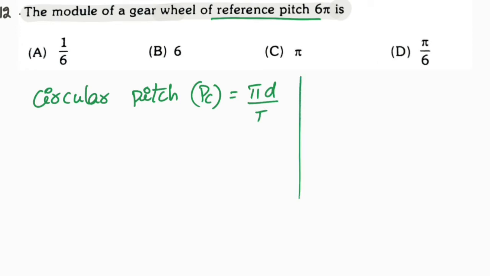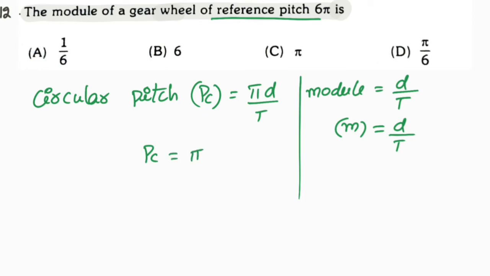But remember, my dear friends, module is the ratio between pitch circle diameter and number of teeth. Module is denoted by m equal to pitch circle diameter by teeth. So circular pitch PC equal to pi into d by t, I can write as pi m. But what is the value which is given? 6 pi. It is equal to 6 pi. Now compare these two.